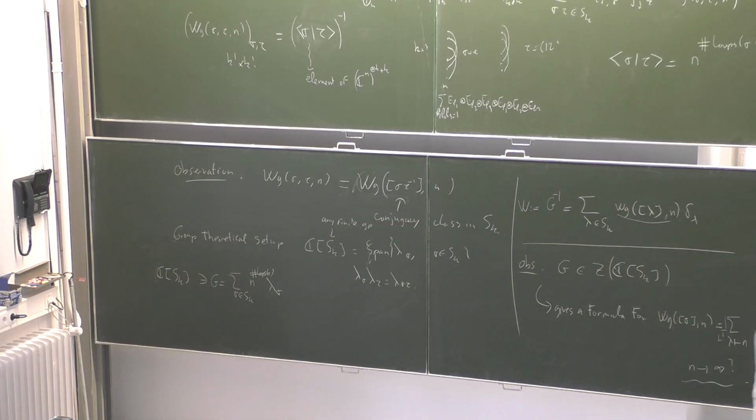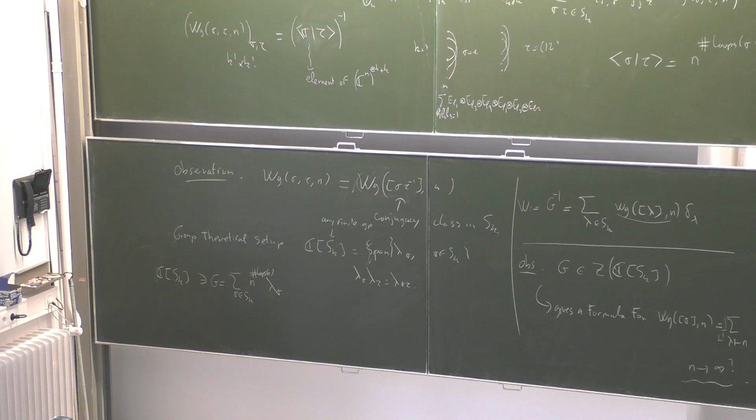So rephrasing it here, I have the identity element plus n inverse times the sum for sigma not the identity of lambda sigma times n to the 1 minus k plus the number of loops of sigma, if I didn't mess it up, and that should be a positive number here.